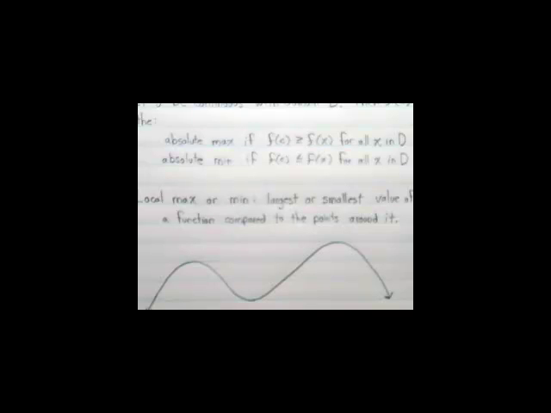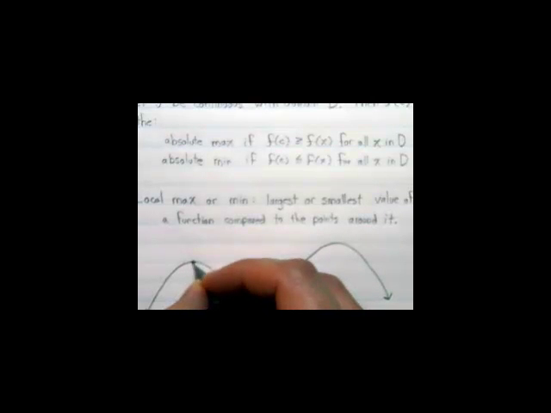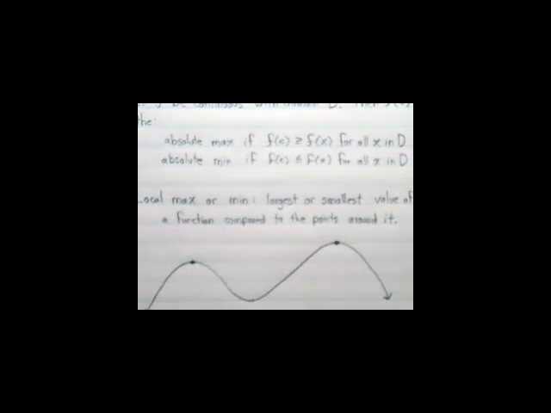Now, can you guys see how we have two maximums and one minimum on there? Right here and right here, those are your two maximums. And then right here, that's your minimum. Now the question is, are these just local max or mins, or are they absolute max or mins?